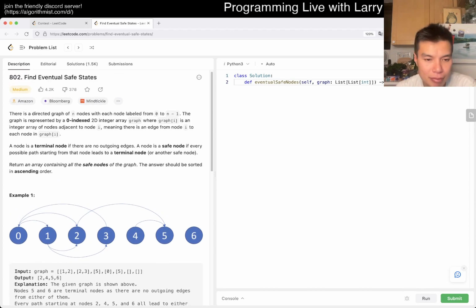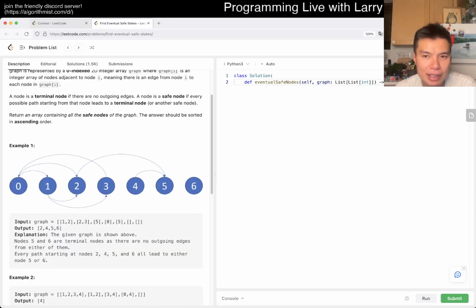Basically, it's almost like a topological sort but reversed. Really, I guess topological sort is probably good enough. So let's do that.